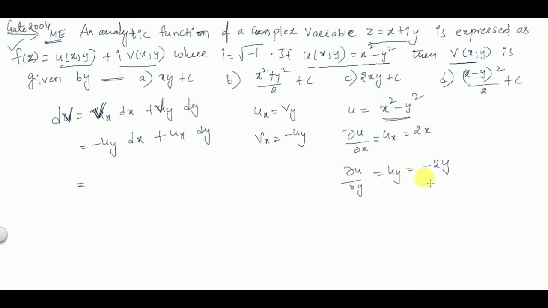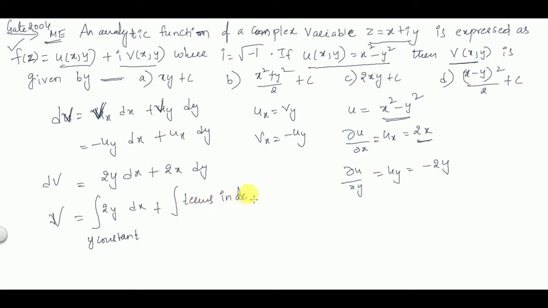So minus uy is minus of minus 2y, so it will be 2y dx plus ux is 2x into dy, this is dv. Therefore v is equal to integral of 2y dx, treating y as constant, plus integral of terms independent of x in vy dy plus c.